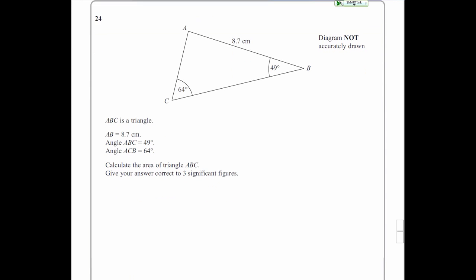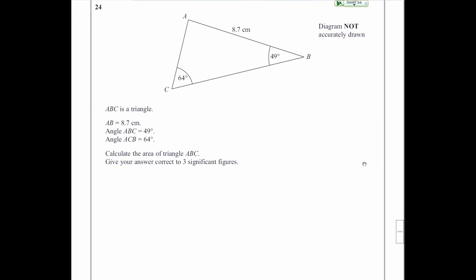Question 24. ABC is a triangle. AB is 8.7 centimeters, angle ABC is 49 degrees, angle ACB is 64 degrees. Calculate the area of the triangle.